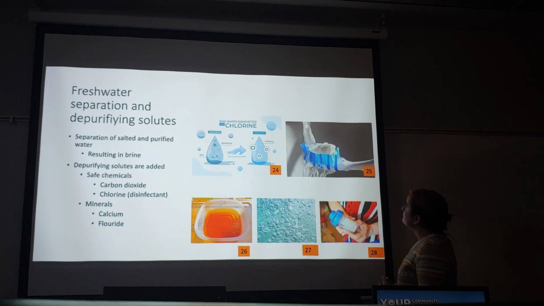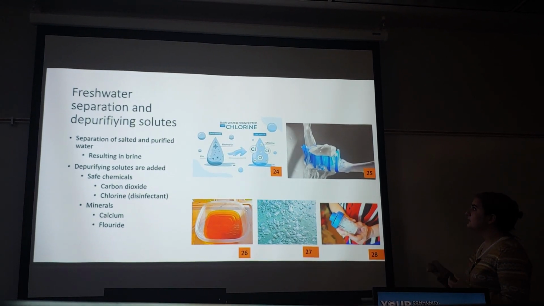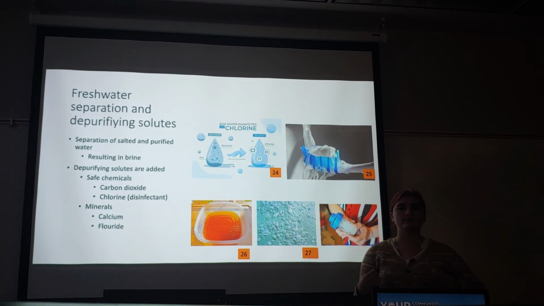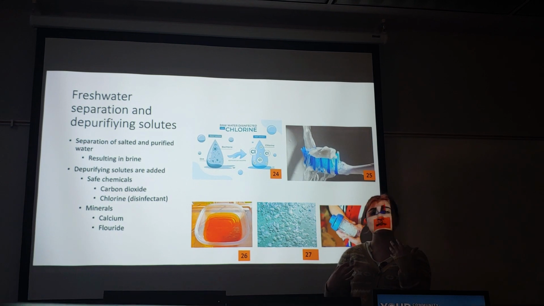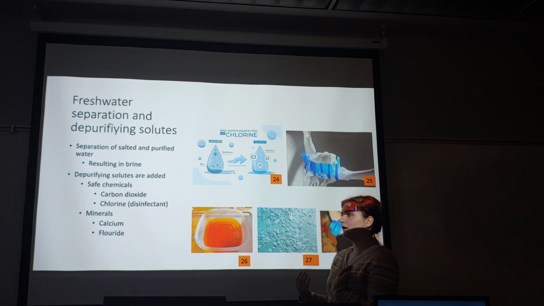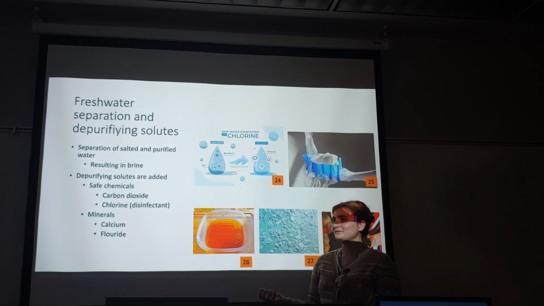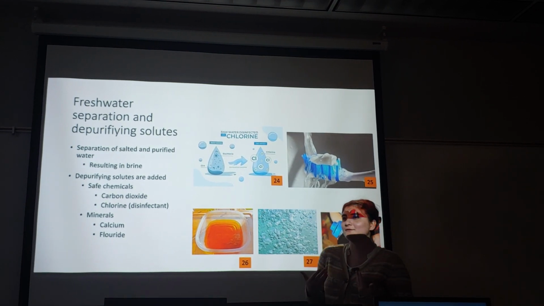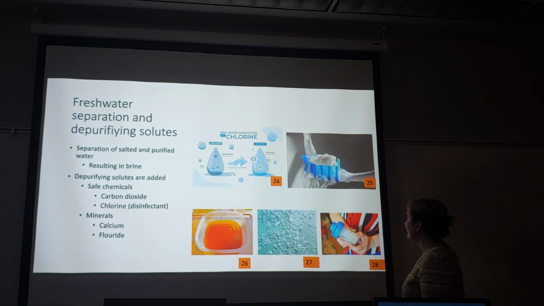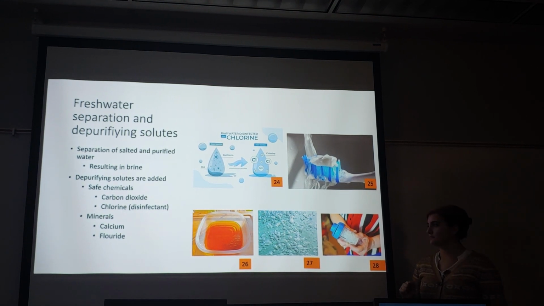And then some minerals such as fluoride and calcium. A lot of cities and towns want fluoride, so that will help the enamel in our teeth. Basically, these minerals help our bodies profit from consuming such things. So we have fluoride and we also have calcium to help our bones.